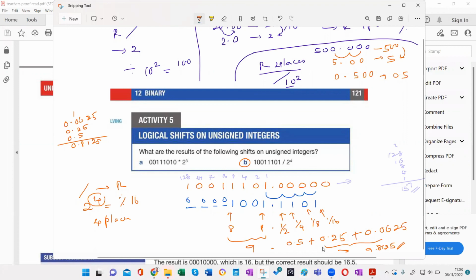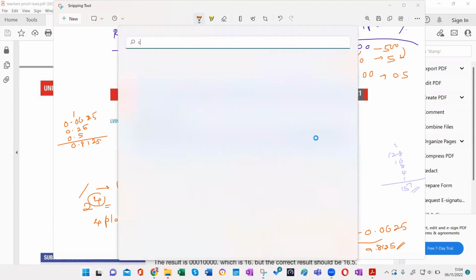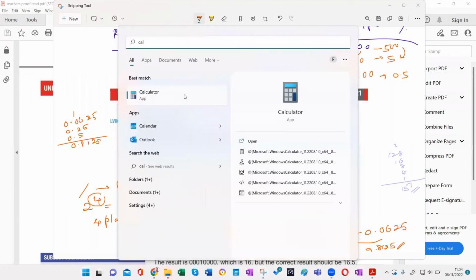So I think in the exam, you can remember these fractions: 0.5, 0.25. If it is 1/8, it will be 0.125. If you can remember, try to remember.